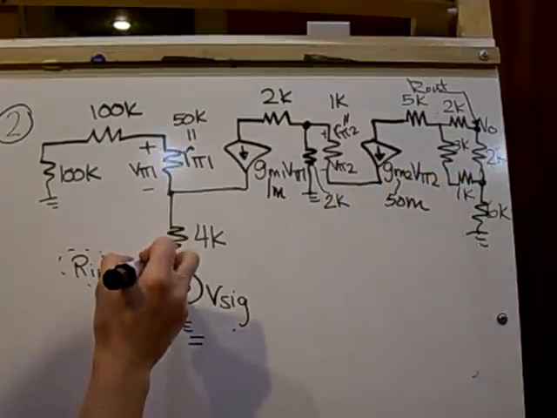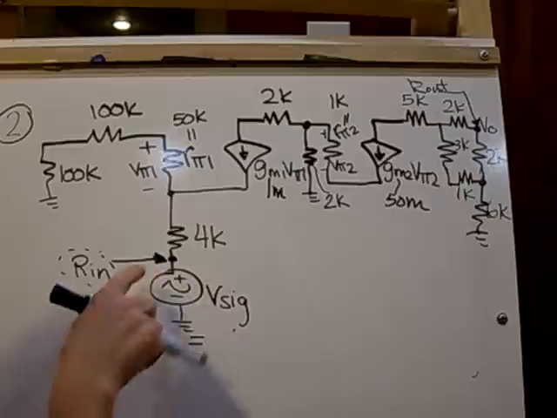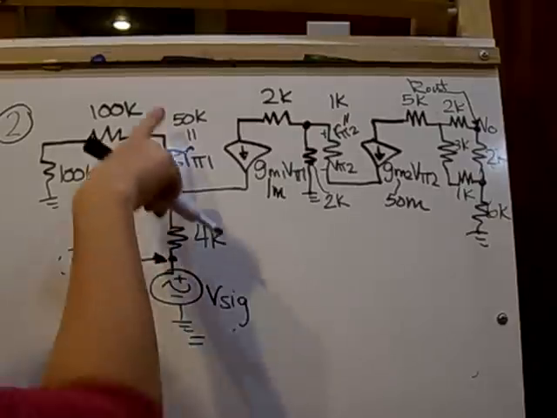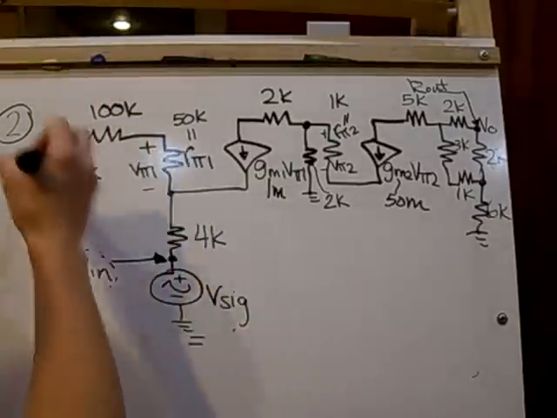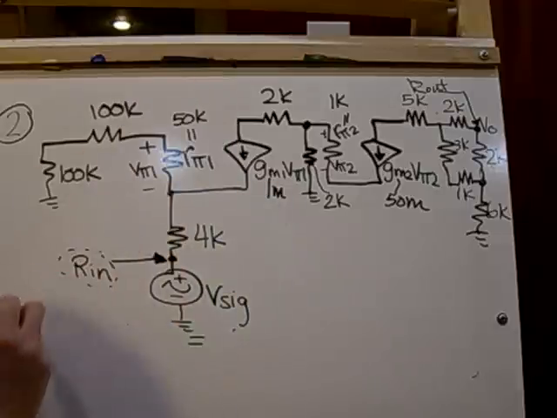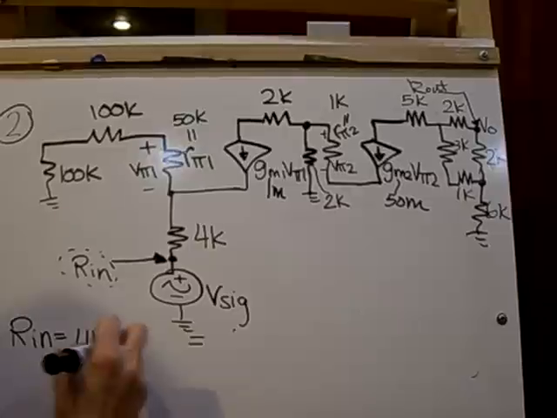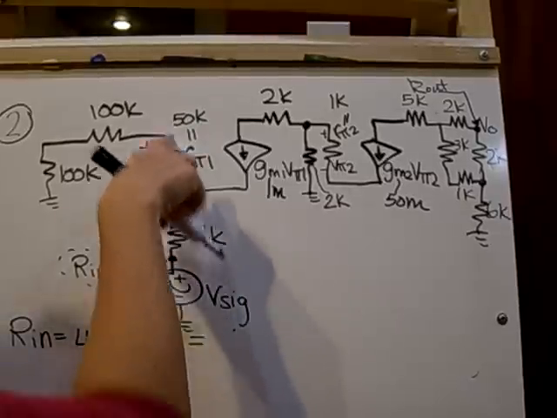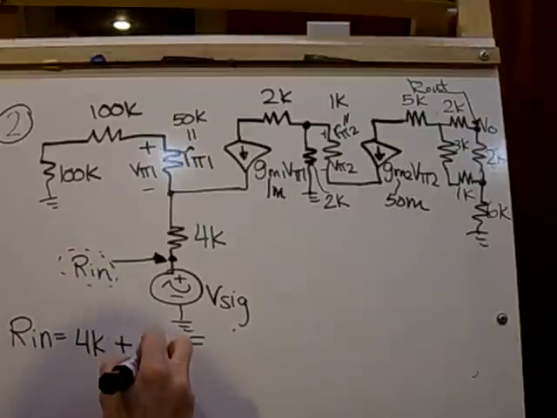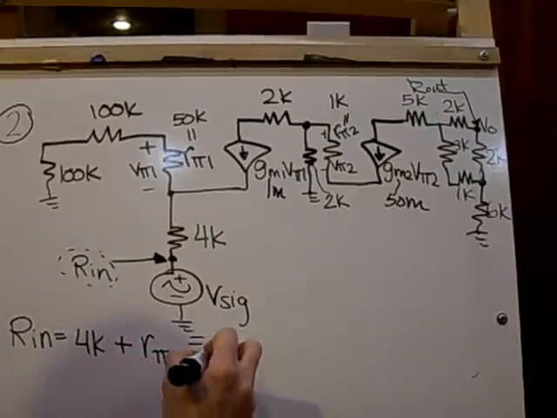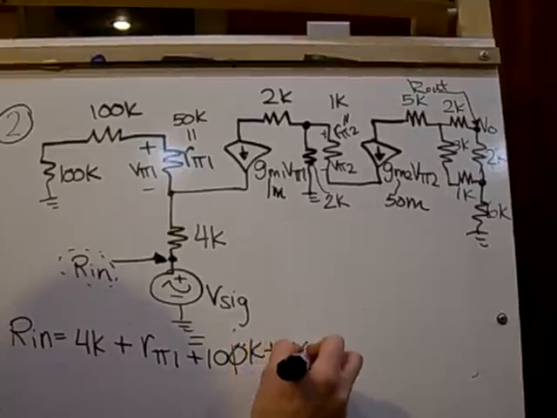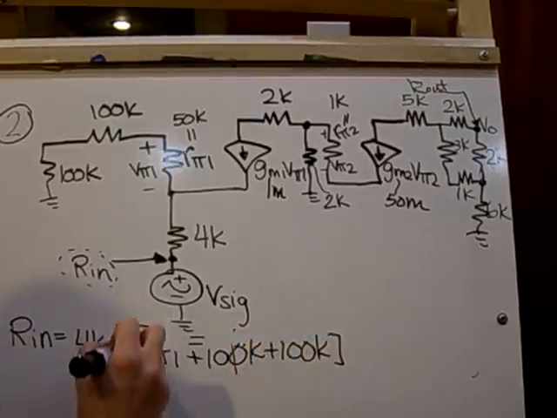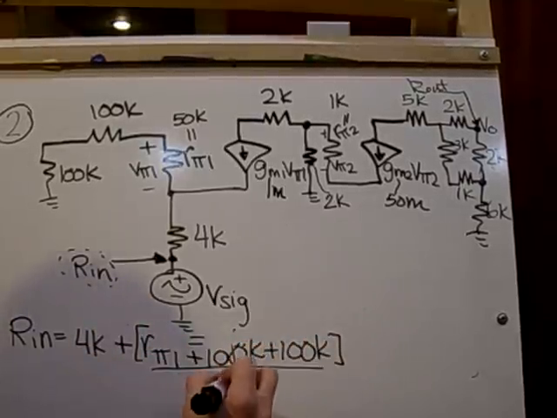So Rn can use the resistance reflection rule. It's said to just ignore the source and then take the pathway in. So we're in the emitter and everything in the base would be reflected. So Rn is equal to 4K plus, and then all of these would be plus, R pi 1 plus 100K plus 100K, all of that divided by beta plus 1.